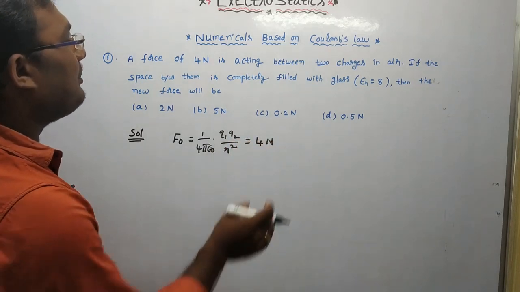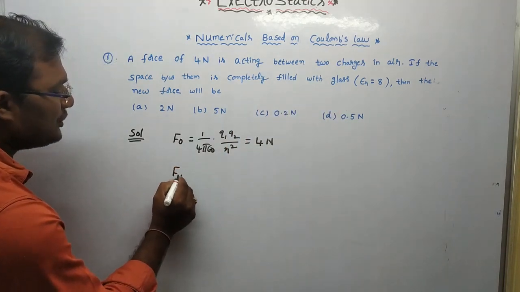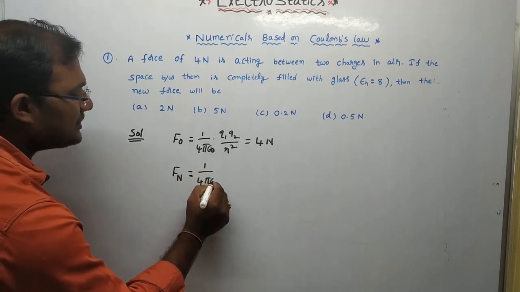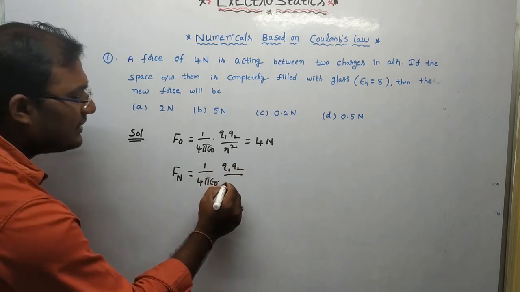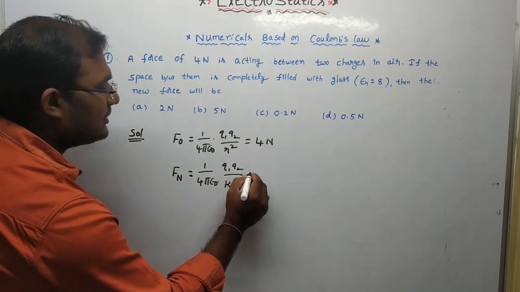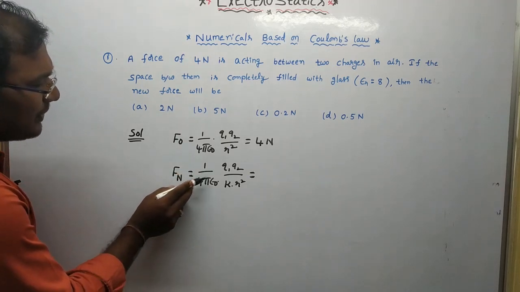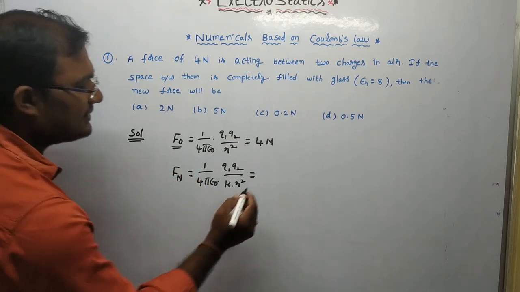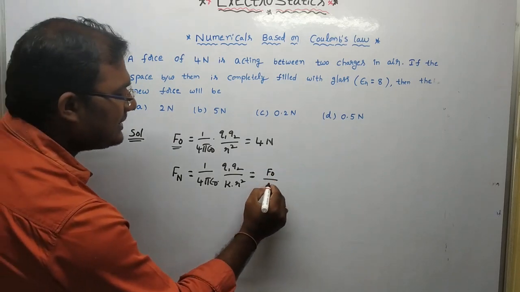When they are completely filled with glass, the new force Fn equals 1 by 4 pi epsilon naught q1 q2 by k r square, where we simply add the dielectric constant k. 1 by 4 pi epsilon naught q1 q2 by r square is nothing but F naught.